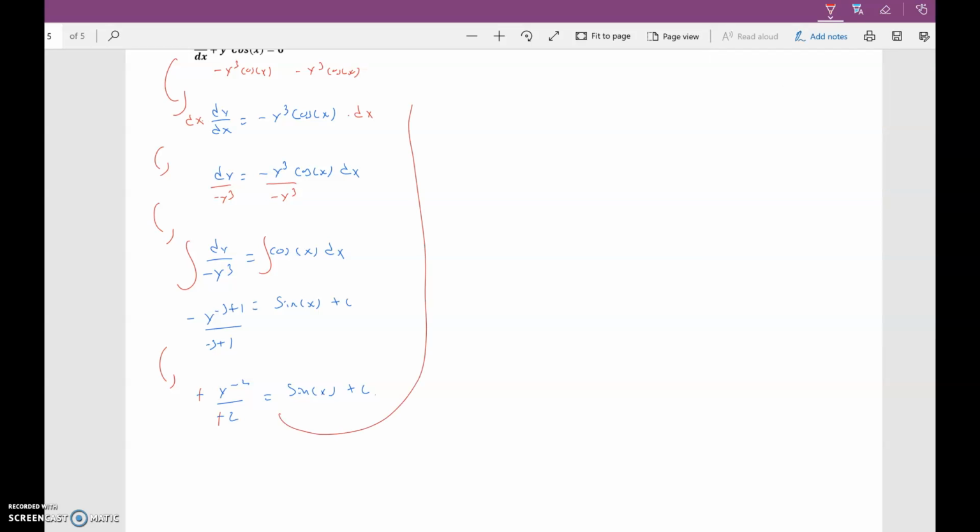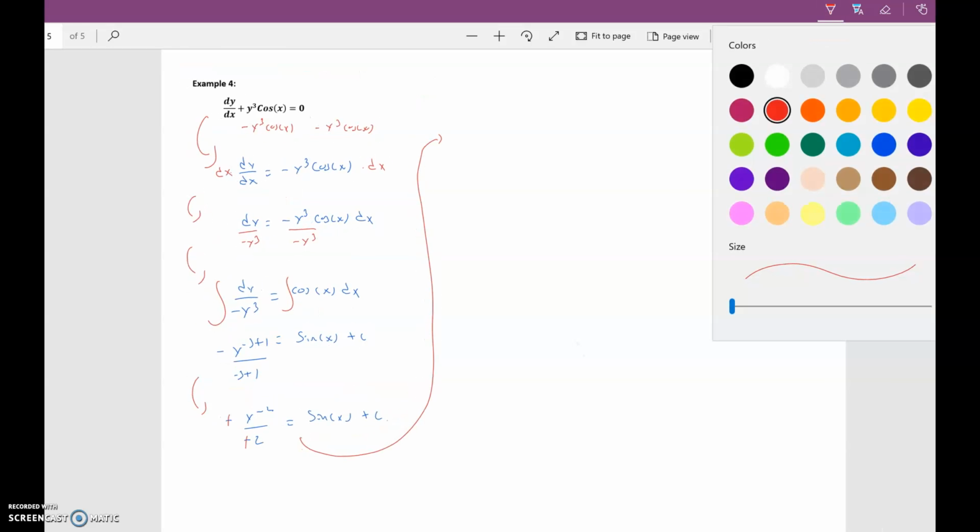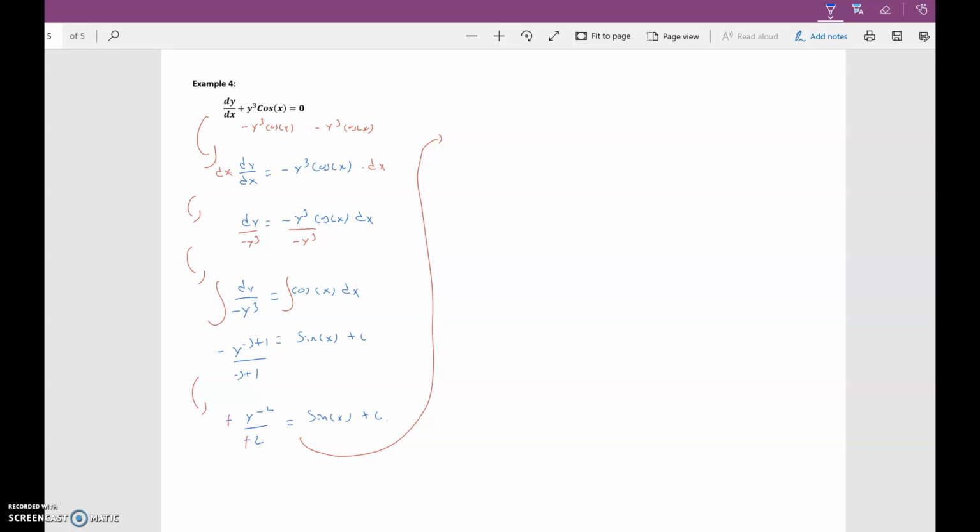So let me rewrite the problem. So we're looking at, technically, 1 over the values of 2y squared is equal to a sine of x plus the values of c. Let's actually solve for the y's.